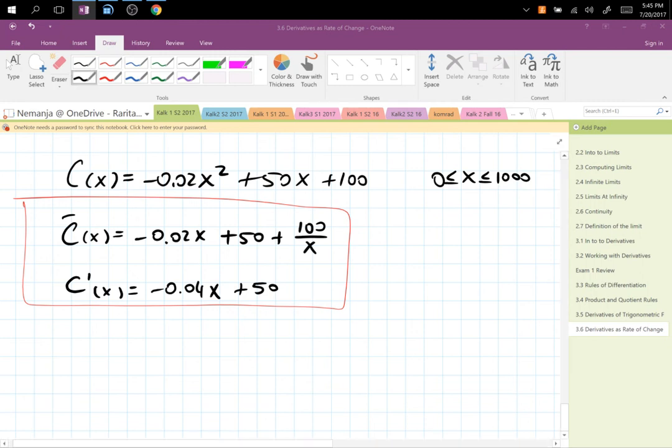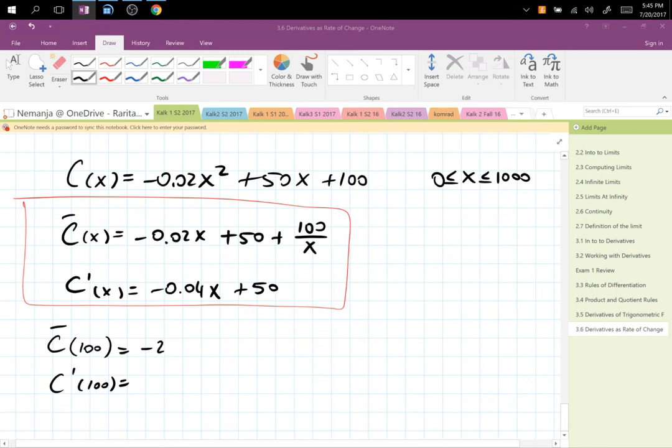And the first part here says, determine the average and marginal cost for the first 100 items. So I want to know how much is C of 100, C bar of 100, and C prime of 100. So we plug 100 in.